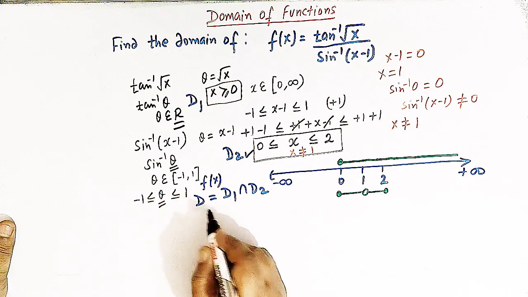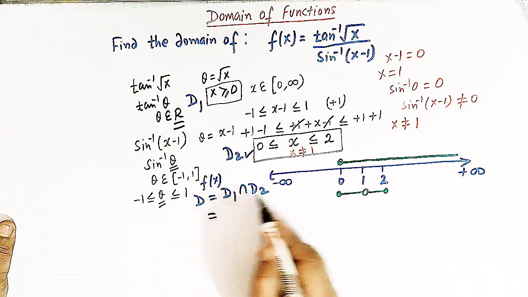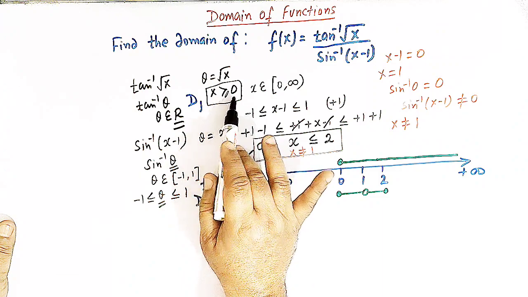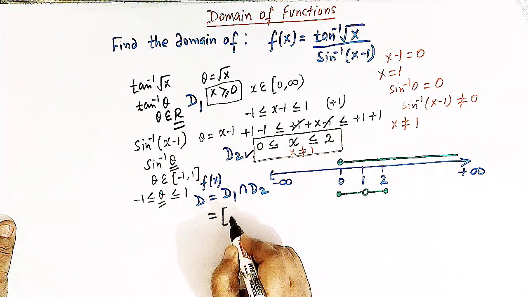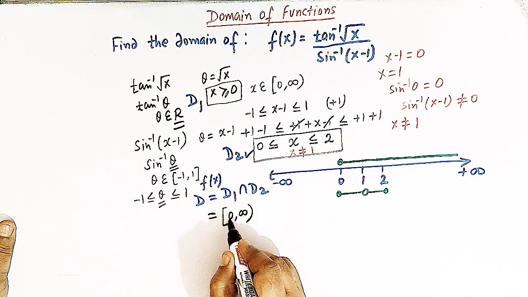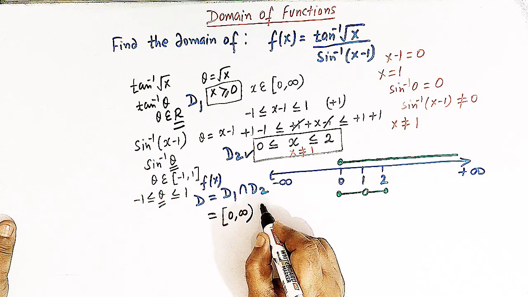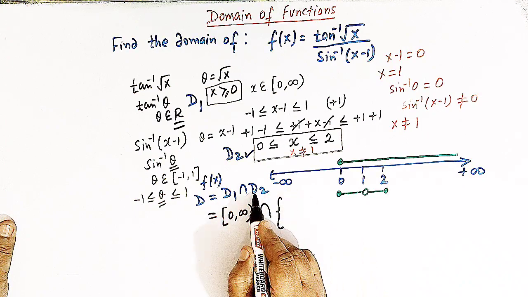So now the domain D is given by D1 intersection D2. D1 is x greater than or equal to 0, which means D1 is given by the interval 0 to infinity, where 0 is included. And then we have the intersection with D2.